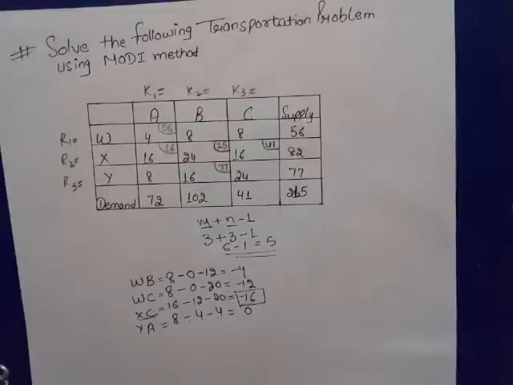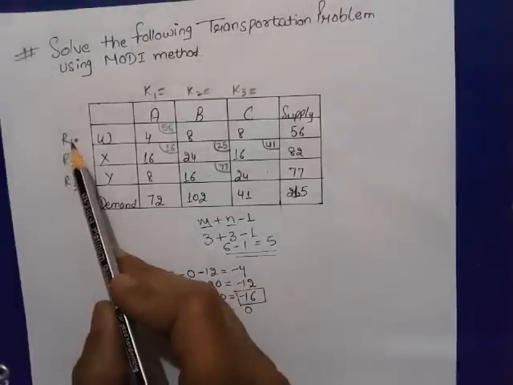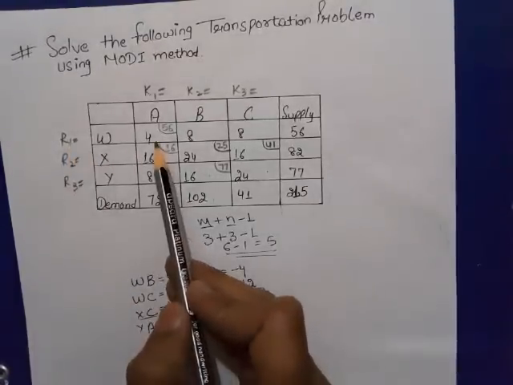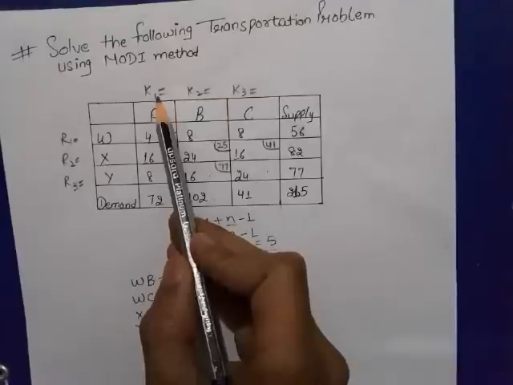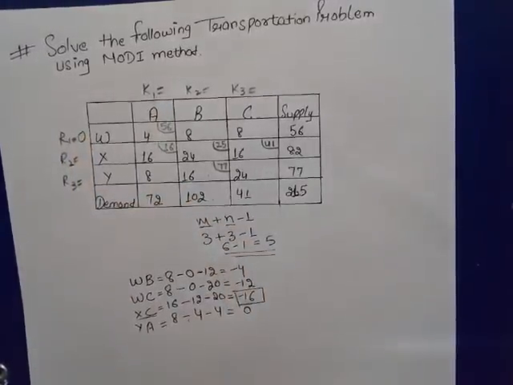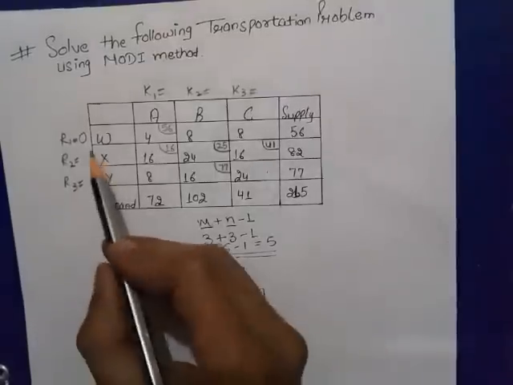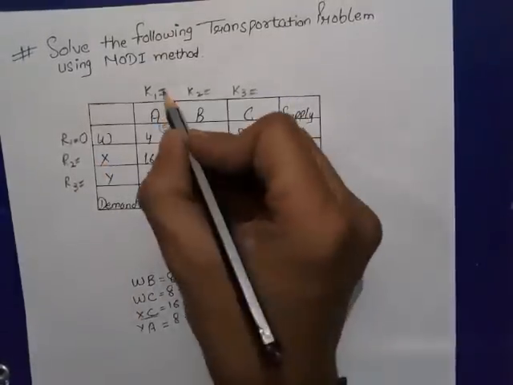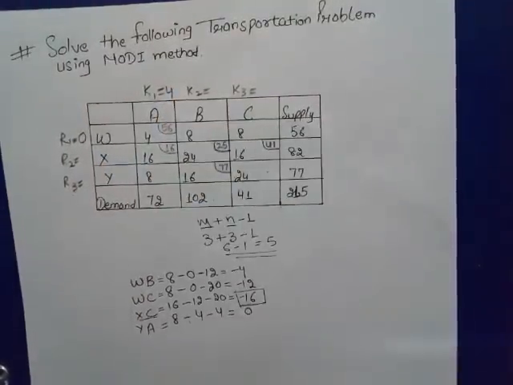Let's calculate the value. R1 plus K1, give it a sign 0. The value will be 4.